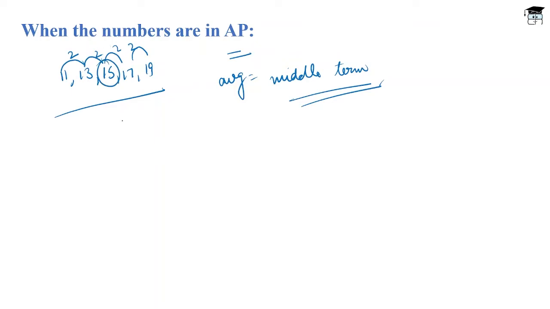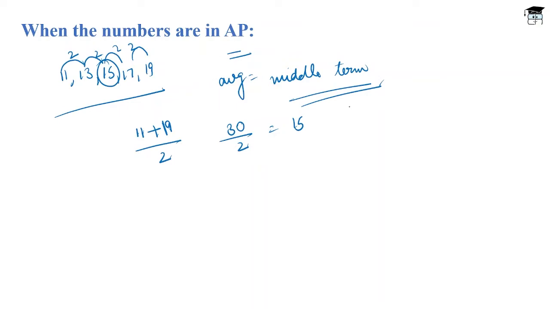Or you can say that 11, that is the lowest number, plus 19, that is the highest number, divided by 2 is also the same thing. Now 11 plus 19 will give me 30. 30 divided by 2 is equal to 15. And 15 was the middle term. So when the numbers are in AP, average is the middle term.